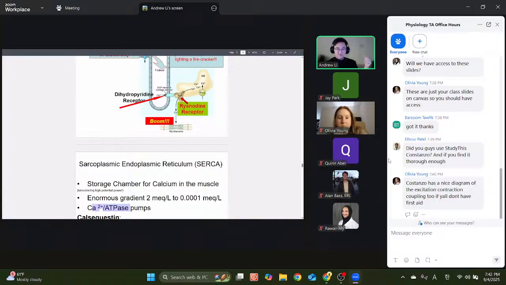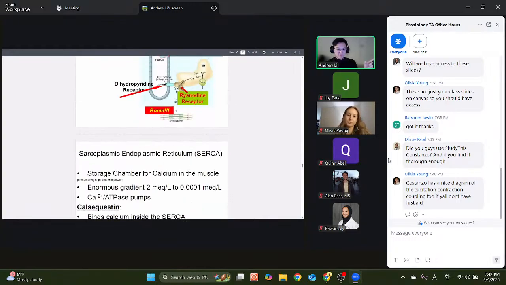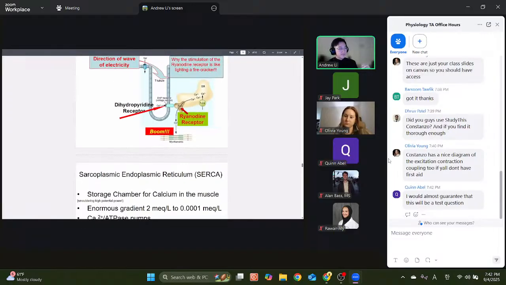It moves calcium into the SR, and then there are proteins called calsequestrin that bind calcium inside the sarcoplasmic reticulum. This decreases the workload for the pump and also creates a storage for calcium to be released once another action potential comes down the fiber.